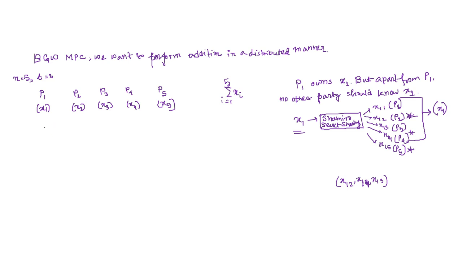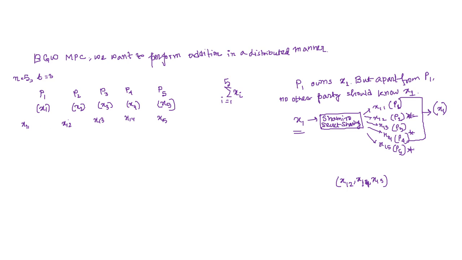Now usually in BGW MPC, what happens is, I'm talking about addition. P1 keeps x11 to itself, gives x12 to P2, x13 to P3, x14 to P4 and x15 to P5.